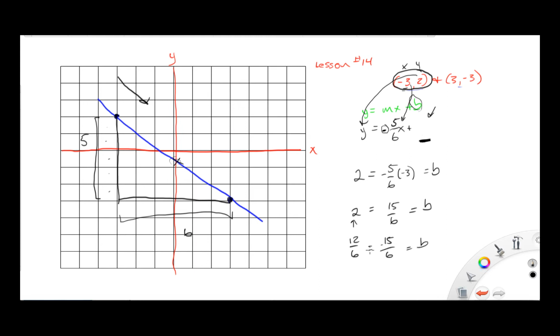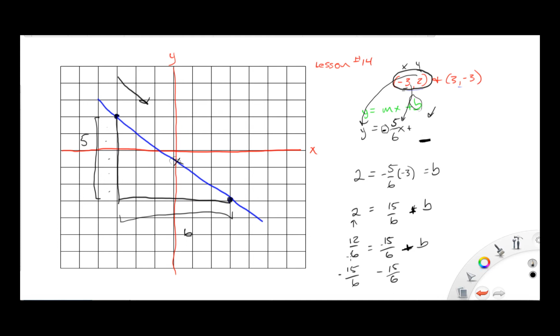Sorry, I'm sorry, this is plus b, not equals b. Okay, so what we have to do is we have to get b by itself. So we're going to subtract 15 over 6 here. We're going to subtract 15 over 6 here. And we can come up with our answer, all right?